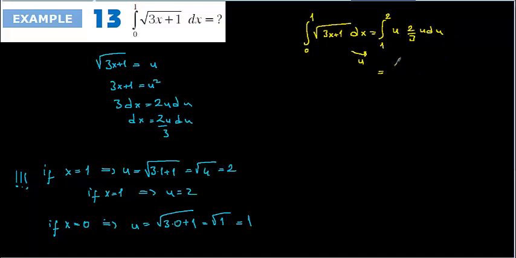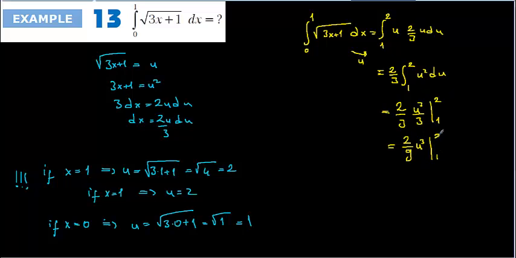So this becomes 2 over 3 times the integral from 1 to 2 of u squared du. The integral of u squared is u cubed over 3, so 2 over 3 times u cubed over 3 from 1 to 2, which can be written as 2 over 9 u cubed from 1 to 2.